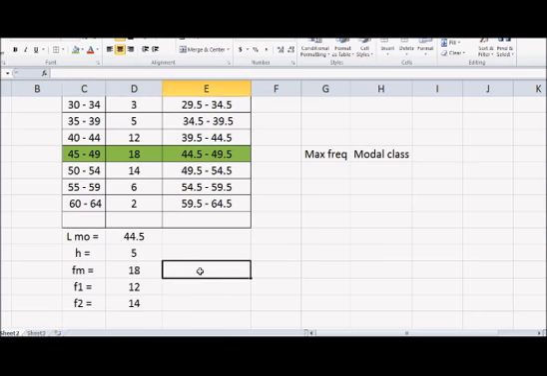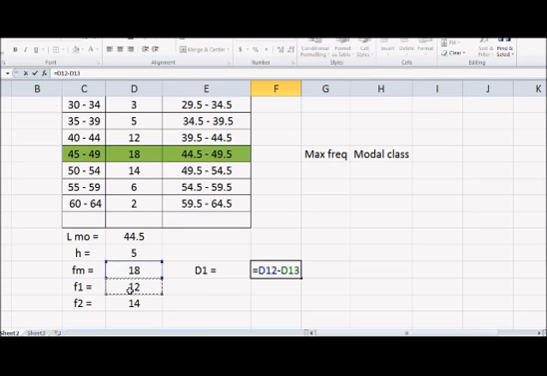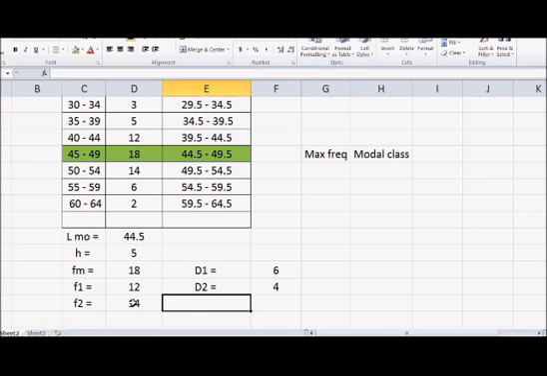Okay, then we can calculate the delta values. Delta 1, which is the difference between the frequency of the model class and the frequency before that, so it is 18 minus 12, and delta 2, which is the difference between Fm, which is 18, and the frequency after the model class, which is 14. Now we are ready to calculate the mode.